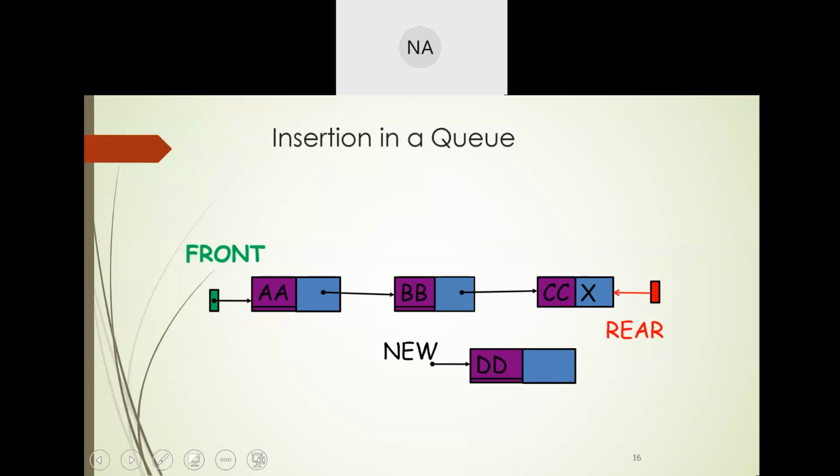so insertion in a queue. Now you have to insert this new element DD into this queue. Insertion can take place only at the rear end. Okay, so here after CC we will insert DD. So what will we do? First we will create a new node, name it as new. Then we copy the value of the new element DD into the information part of the new node, right? And then we have to modify some pointers.